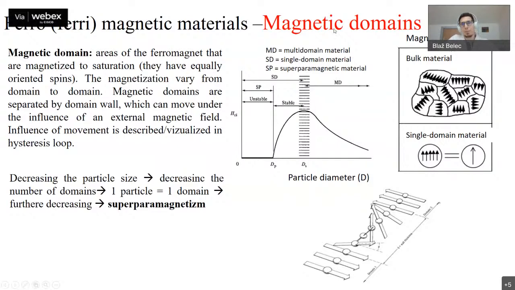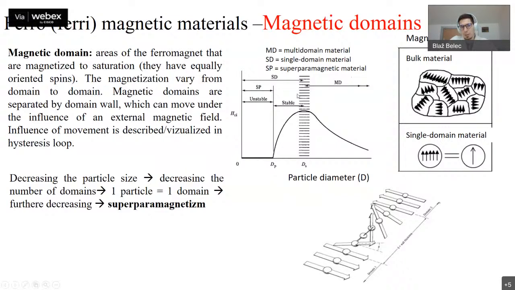But the magnetic domains, so the uniformity of magnetization inside one material, depend on the size of the material. For instance, we have a multi-domain material in the bulk. So when the diameter increases, the number of domains increases. Then we reach some diameter where we also reach the maximum number of those domains.